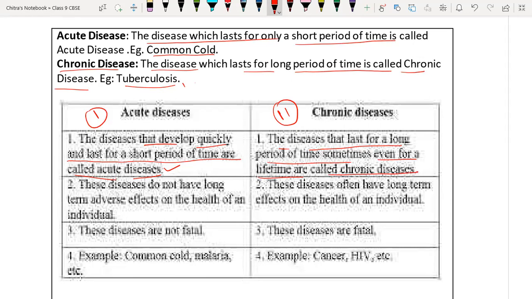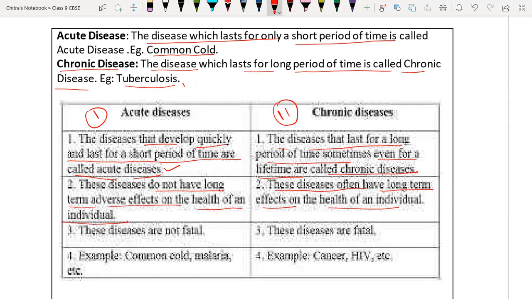Acute diseases do not have a long-term adverse effect on the health of the individual, whereas chronic diseases often have a long-term effect on the body and affect the health of the individual drastically, like loss of weight, loss of appetite.